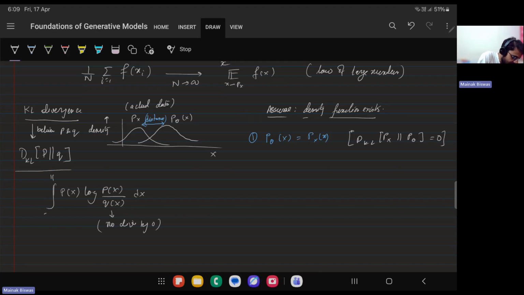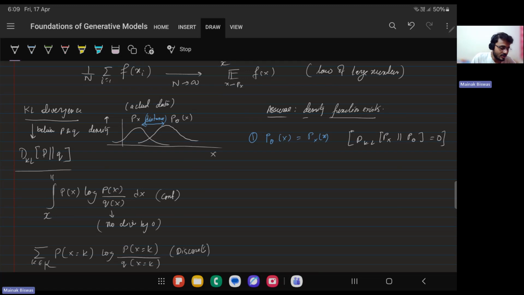This is for a continuous distribution. For a discrete distribution, it is the sum over all the categories in the classes of P of X equal to that category times log of P of X equal to that category by Q of X equal to that category. This is the discrete analog.